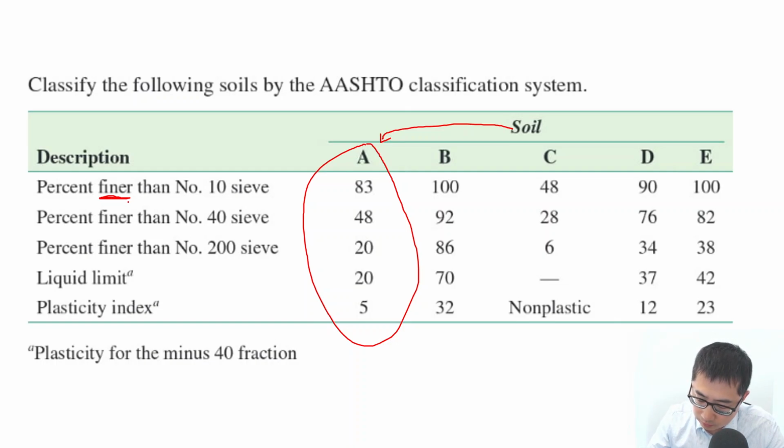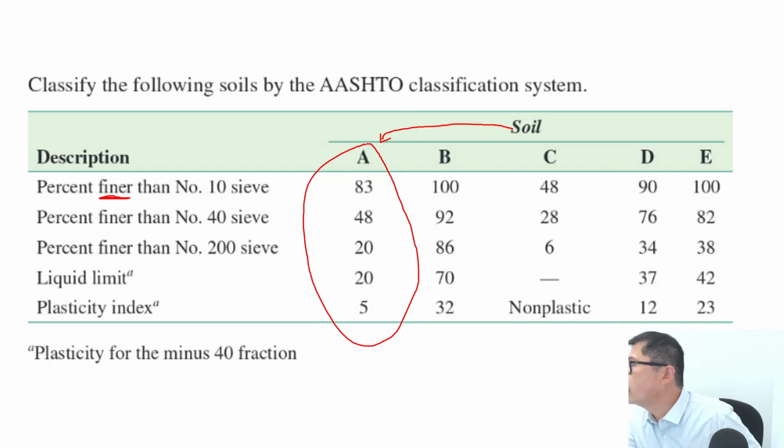You have 83 passing number 10. You have 48 passing number 40. And you have 20% passing number 200. You have an LL of 20, and you have a PI of 5. Okay, so we have all those numbers.